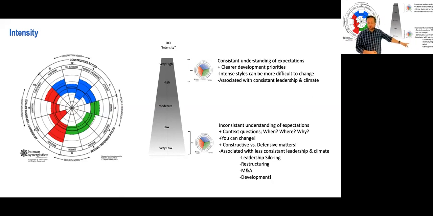The last one I've already pointed out just briefly, and that is development. The other reason that these spreads of opinion can become wider, or the intensities more variable, is that we're developing and doing things differently. A lot of times we've even seen this across hierarchical levels, where we'll go into an organization, look at the culture through the business, and then start by developing and focusing on the leadership levels and making changes there, and then cascading these changes down through the organization.